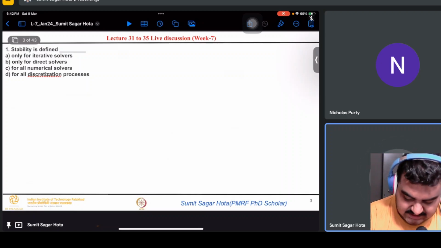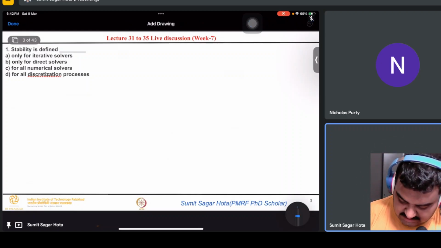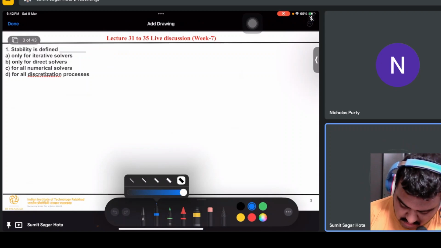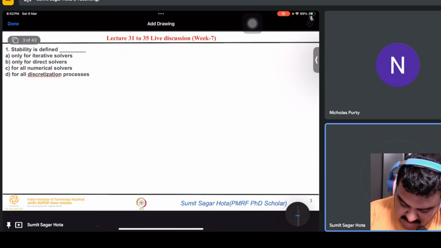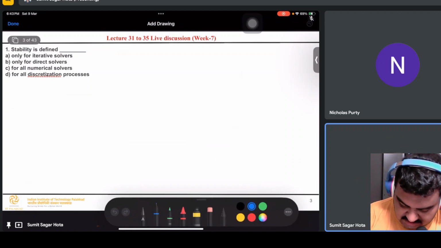This lecture is basically important from the simulation point of view, how you do modeling. That's the reason why the problems are mostly conceptual.